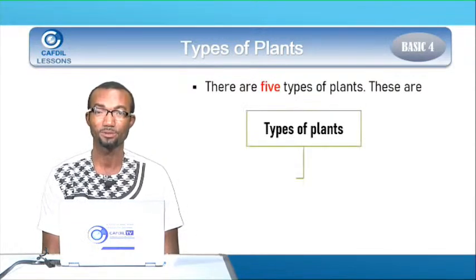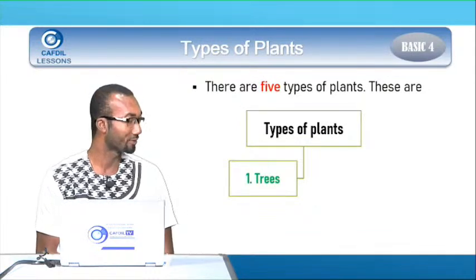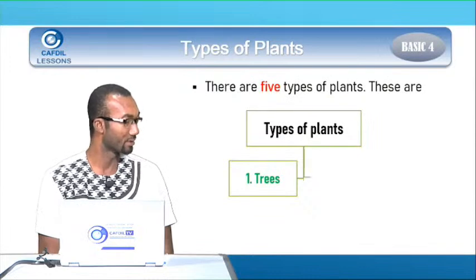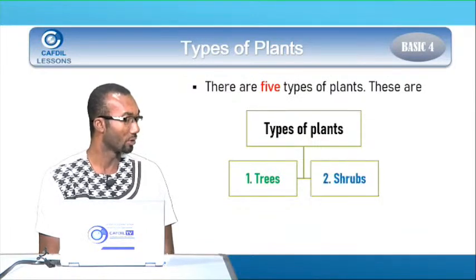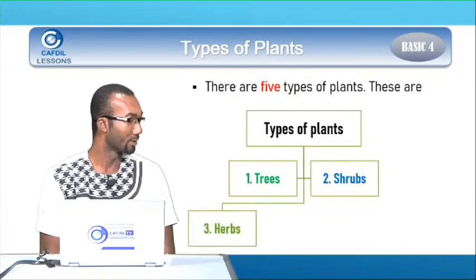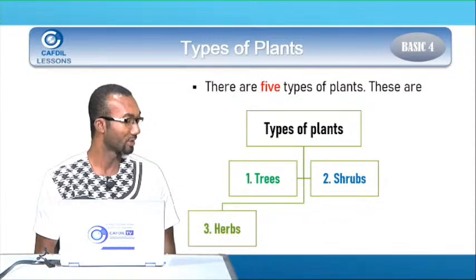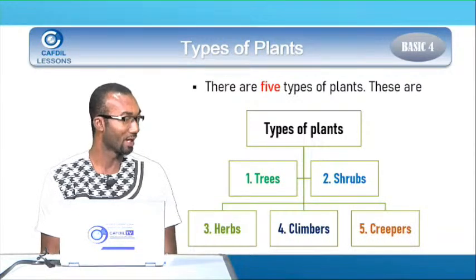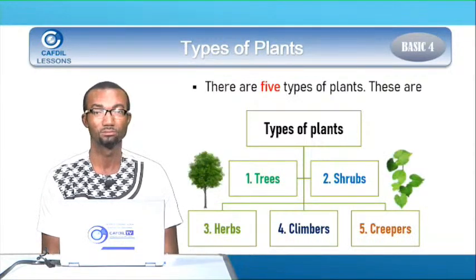And these 5 types of plants are: 1, we have trees. 2, we have shrubs. 3, we have herbs. 4, we have climbers. And then the last one, we have creepers.